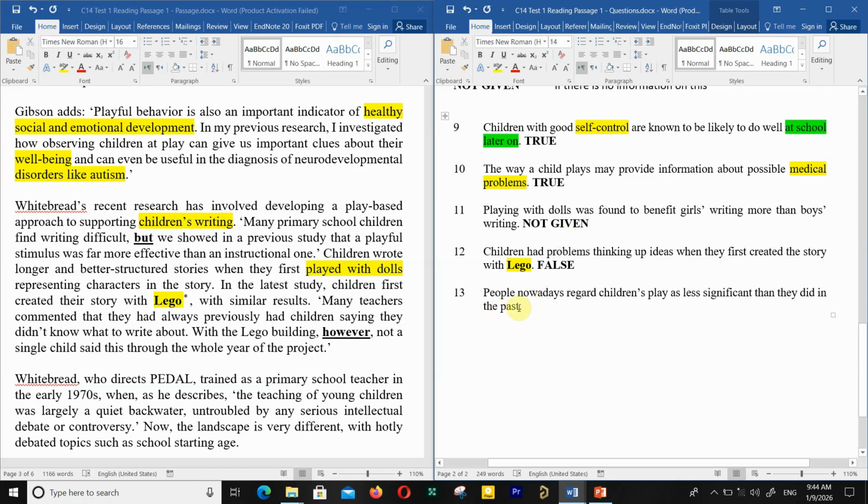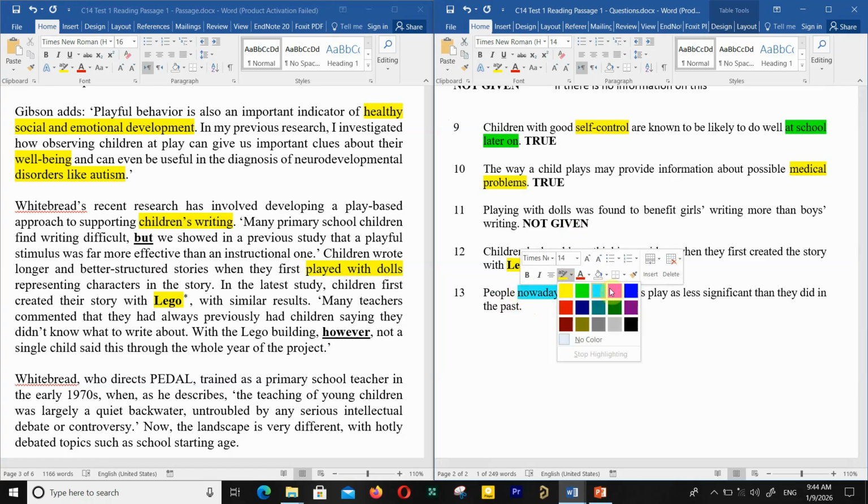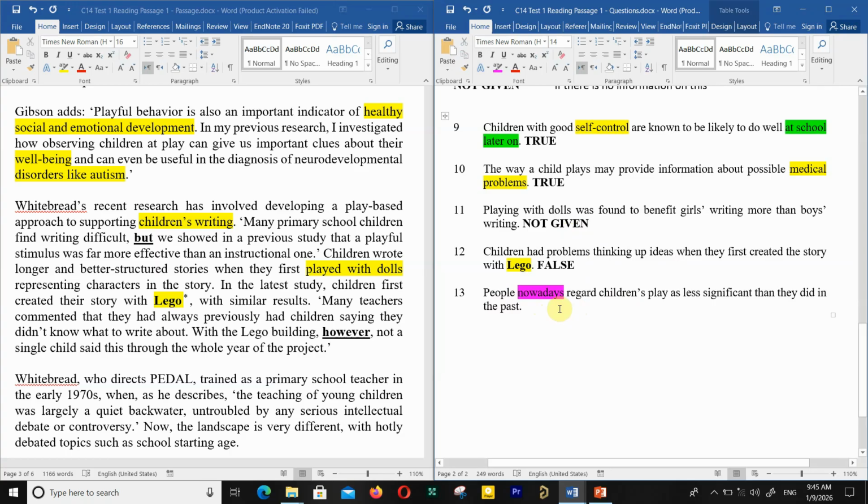And the last question, people nowadays. I told you, whenever they talk about something about prediction of the future, or about nowadays, today, they probably put the answer relating to this question in the latest paragraph.